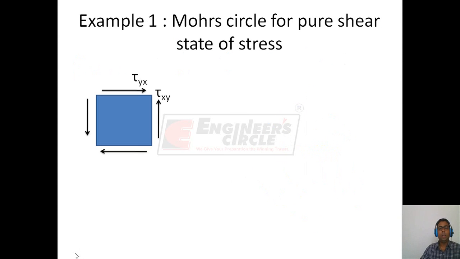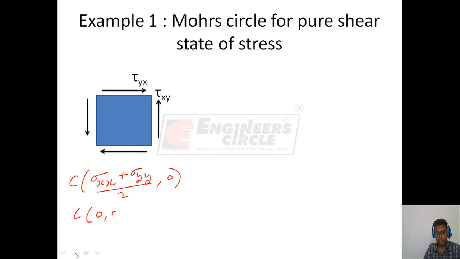Now, let us see certain examples on how to draw Mohr's circle. Consider a state of pure shear stress at a point, that is, there are no normal stresses at this point. Now we first find the center of Mohr's circle. The center of Mohr's circle is given by (sigma xx plus sigma yy)/2, 0. Since both sigma xx and sigma yy are 0, we get the center of Mohr's circle as 0, 0.